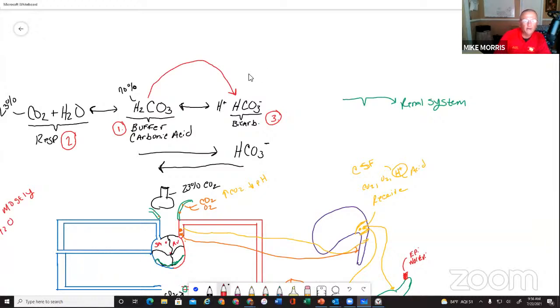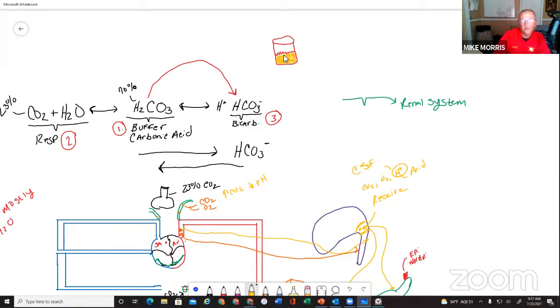So bicarbonate is a liquid that, if I was to have a glass right here, and let's say in this glass, I have a lot of acid. We have a lot of acid floating around here in this beaker or glass, whatever you want to call it.